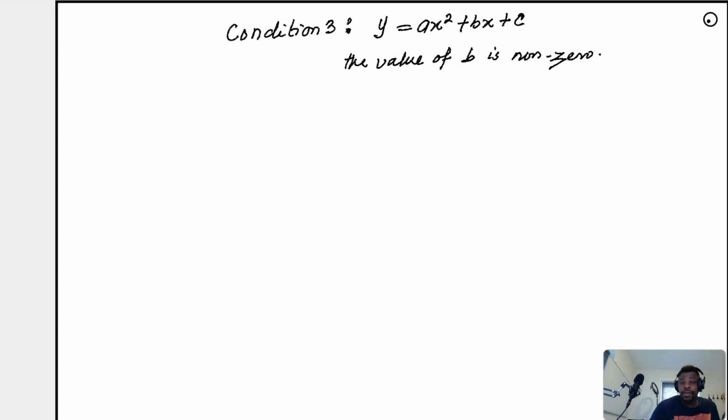The value of b is non-zero, because if the value of b is 0, for an example, you have y is equal to ax squared plus c, which is condition 2. Then you can go through all the cases. But in this case, the value of b is non-zero. So here, we need to see what happens when the value of b is either negative or positive.